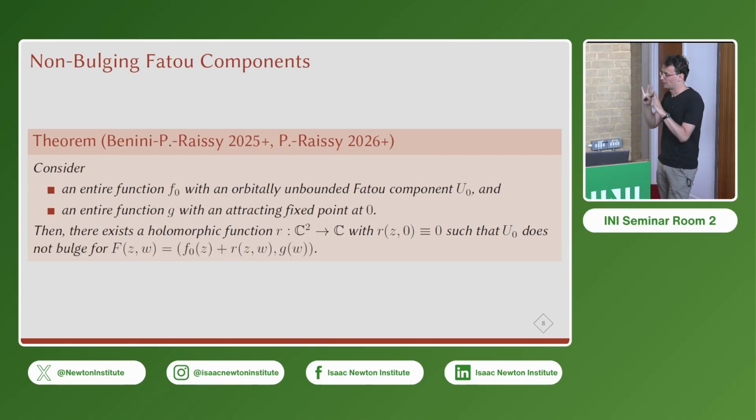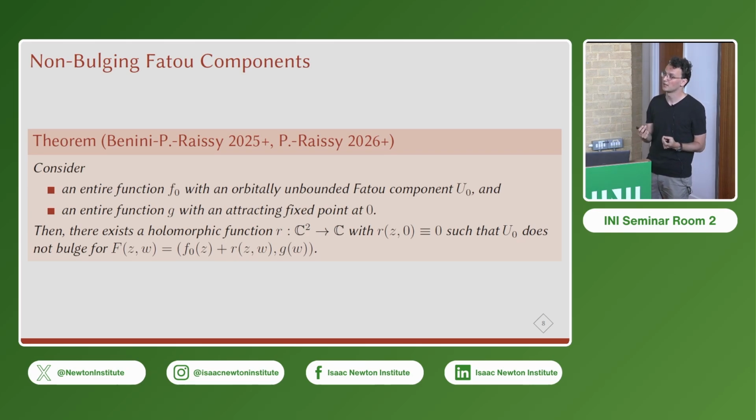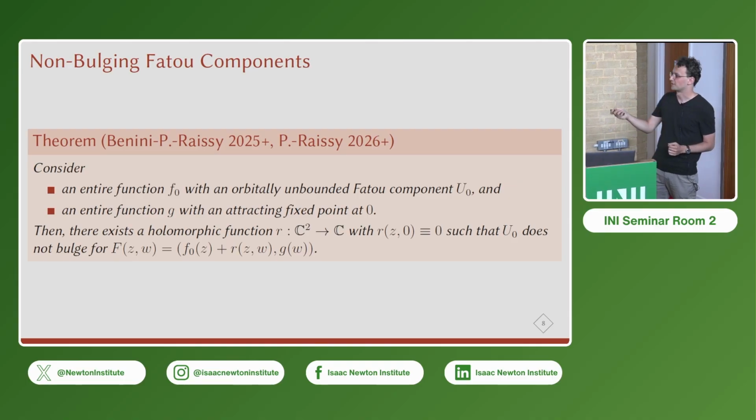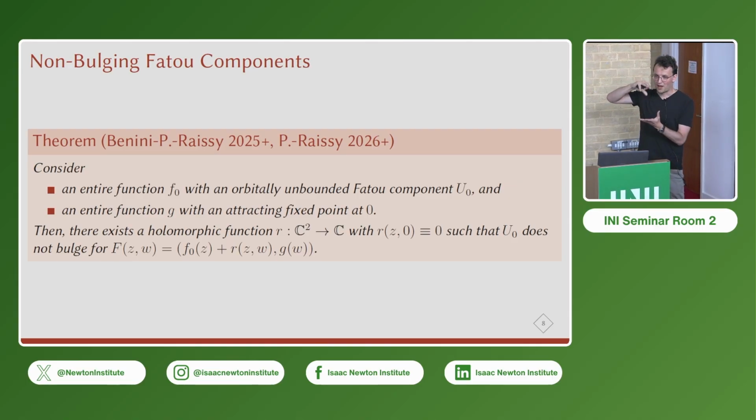So let's look at the actual result. The actual result tells us that if we have an entire function f0, so our fiber dynamics with an orbitally unbounded Fatou component, and if we have our attracting fiber, so we have G with an attracting fixed point at 0, then we can always find a perturbation, so a function, once again, vanishing on the fiber, so that if we combine our different functions into one skew product, we know that U0 does not bulge.